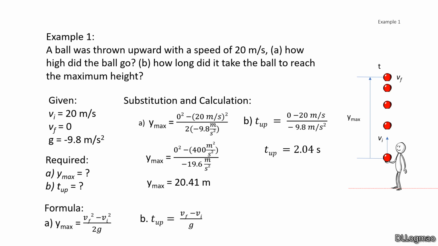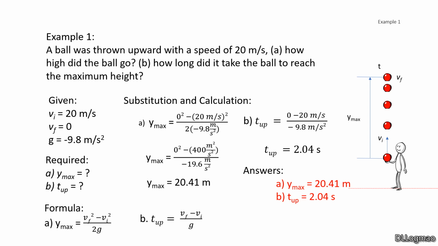The answers are y sub max is 20.41 meters. The displacement of the ball is positive because it's above the initial or reference position. The time to reach the maximum height is 2.04 seconds. It's always positive.